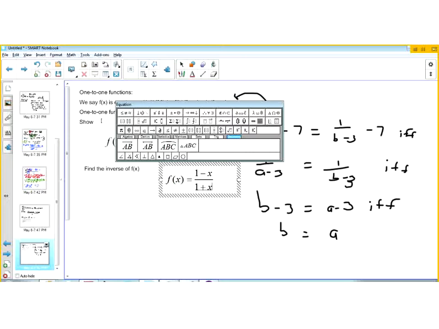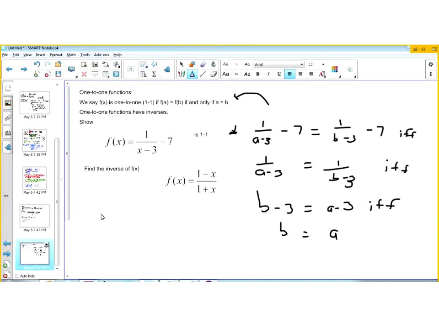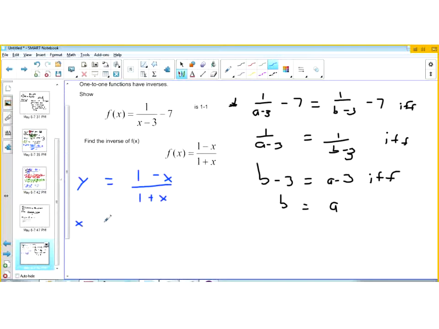All right. So do you remember the procedure for finding the inverse of a function? Well, you replace f of x with y. So replace f of x with y. Here's the procedure for finding the inverse. The next thing you want to do is interchange x and y in the equation.